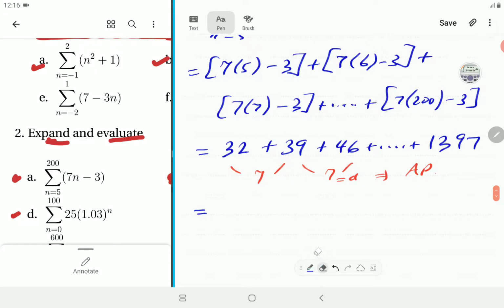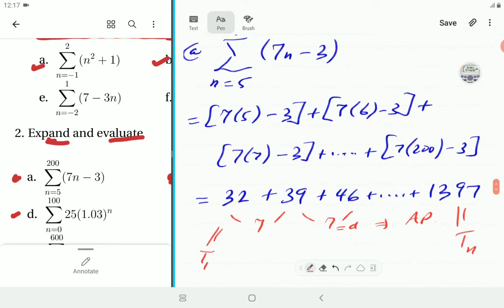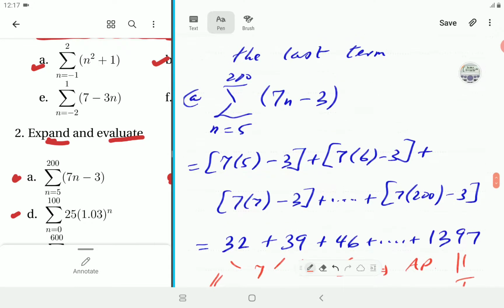So in this case, we can see that T1 is going to be 32 and Tn is 1397. D is 7. The question is, how many terms do we have? And that one, usually we can work out from these limits here.